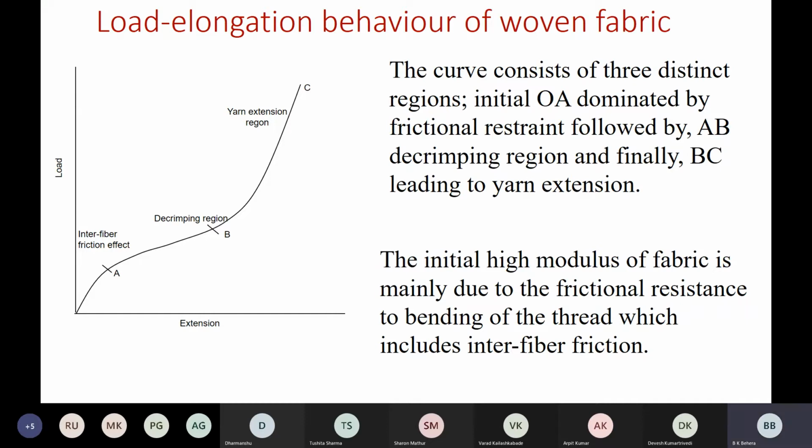This is a typical load extension curve of a woven fabric. This characteristic curve has three distinct zones. Let's call this origin point O, you can mention here O. OA is one zone, A to B is another zone, B to C is another zone.